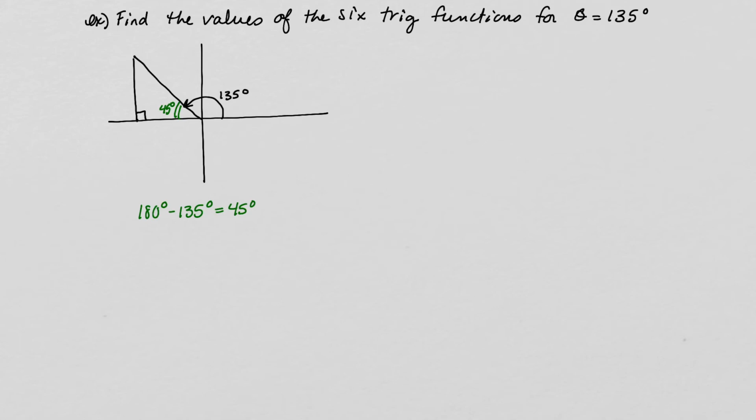Okay, and then that means I have a 45, 45, 90 triangle, which again is one of those special right triangles. So we have 1, 1, square root of 2. But now I have to check about the x and the y if any of them should be negative. So should the x that's horizontal, should this one here be positive or should this be negative?